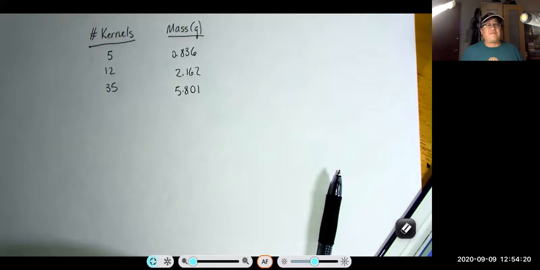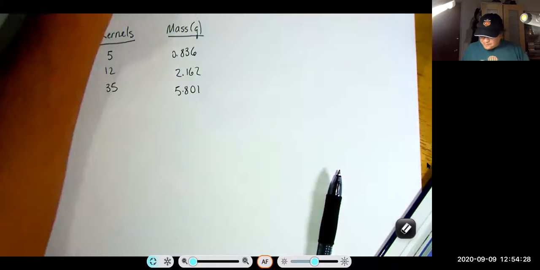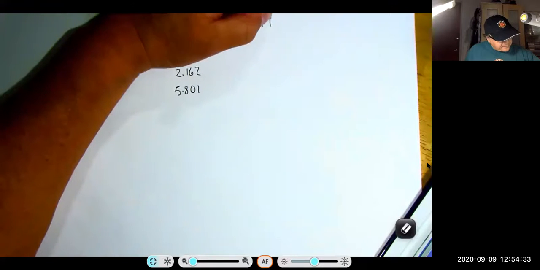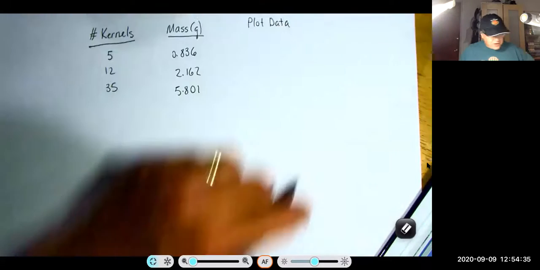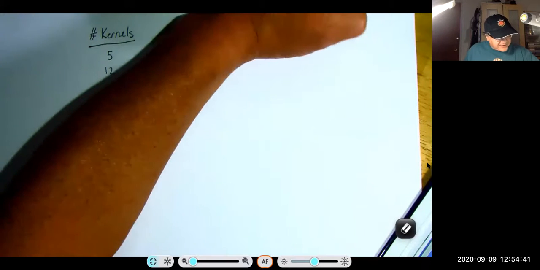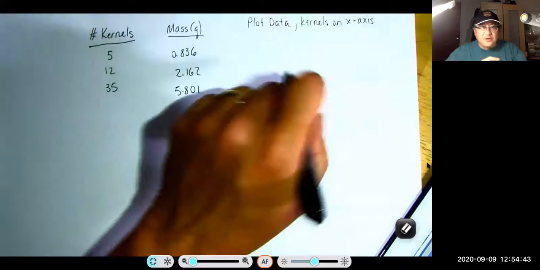You might want to have graph paper sitting around. Okay, so this says plot the data. Kernels on the x-axis.